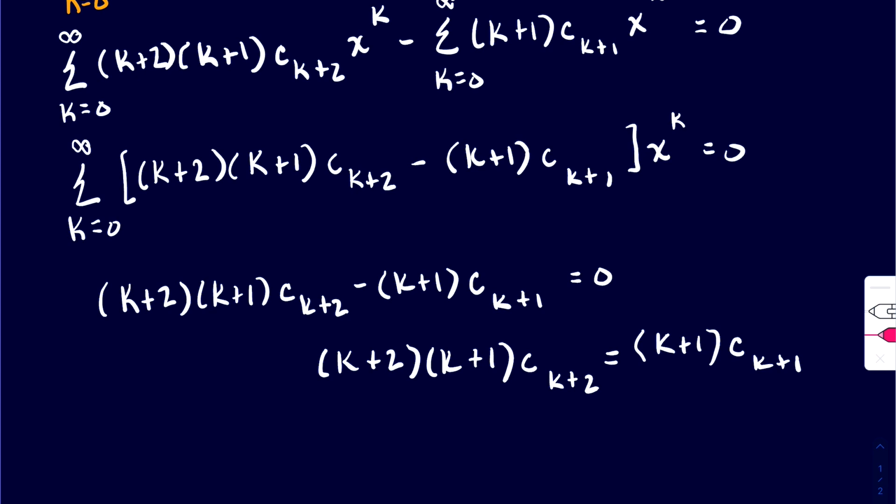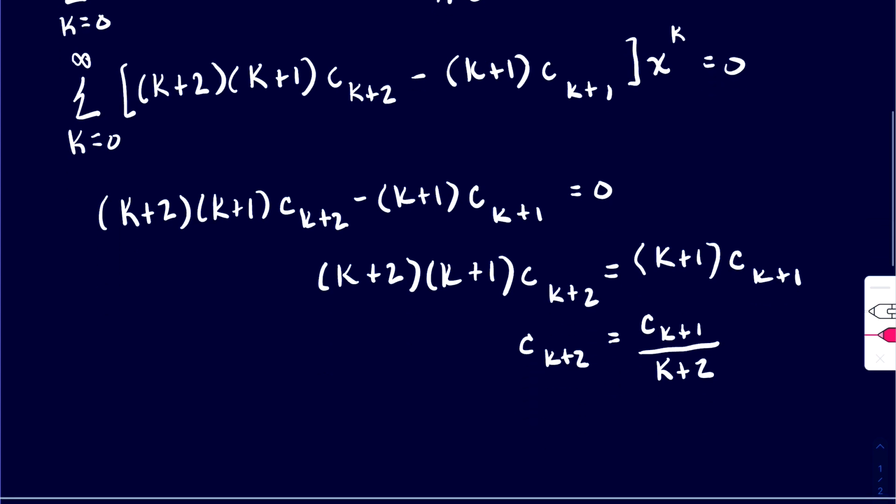And then isolating c sub k plus 2, do you see the k plus 1s will divide out, and we'll have c sub k plus 1 divided by k plus 2 is what c sub k plus 2 is equal to.